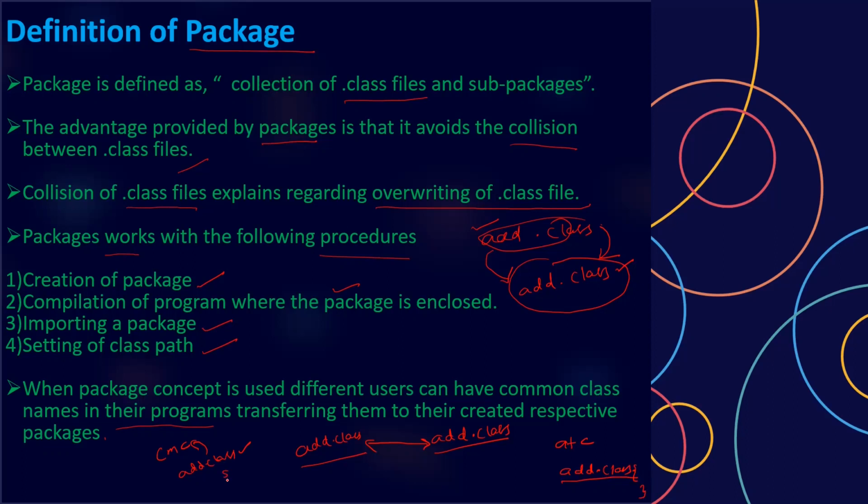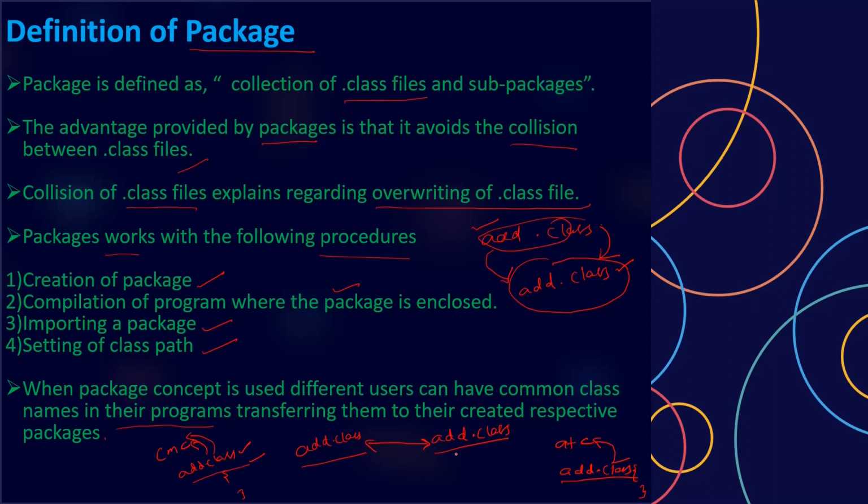Here I'm going to implement my code. So this code is different and that code is different, which cannot be overridden or collided, because this add.class file is restricted to this package and that add.class file is restricted to the ATC package. So packages are different, so .class files are also treated as different.